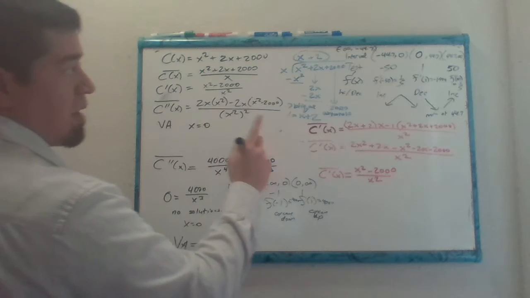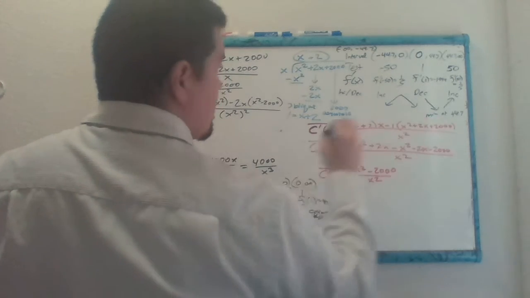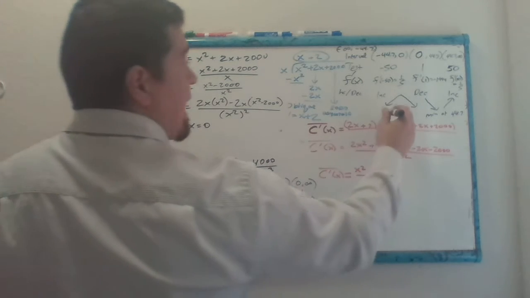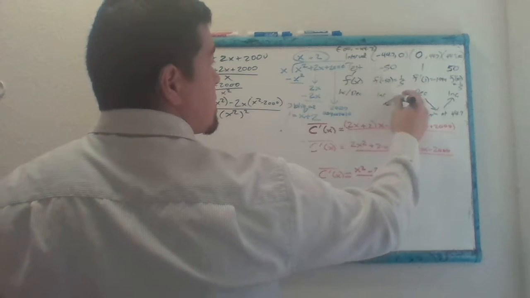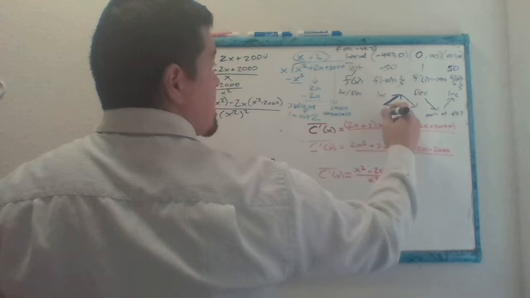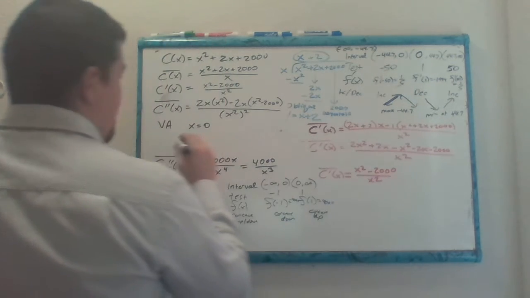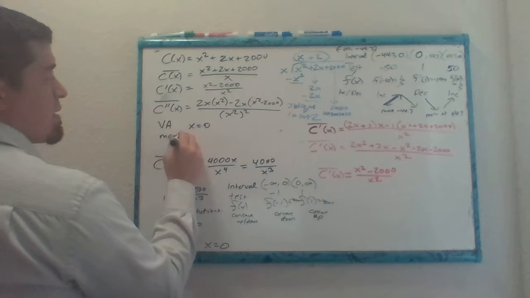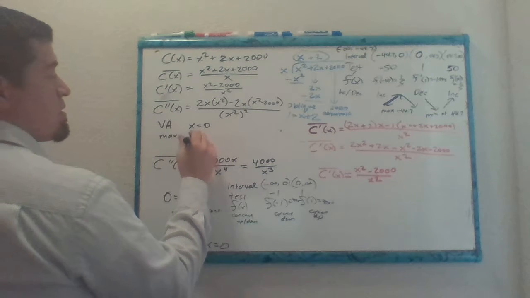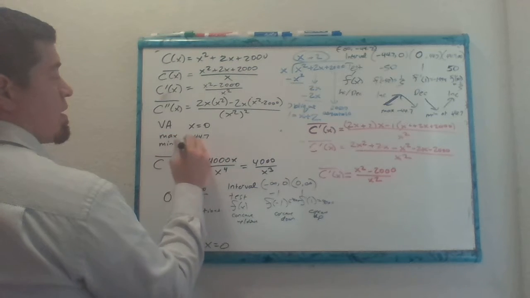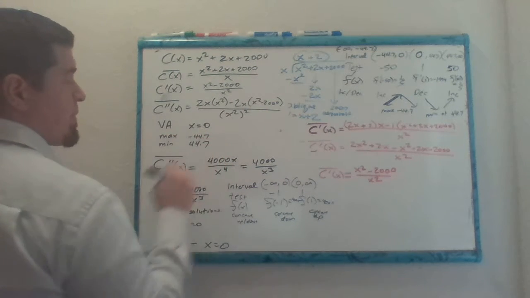I have a minimum at 44.7, and because it's decreasing before that, a max at -44.7. So max at x equals -44.7, min at 44.7.